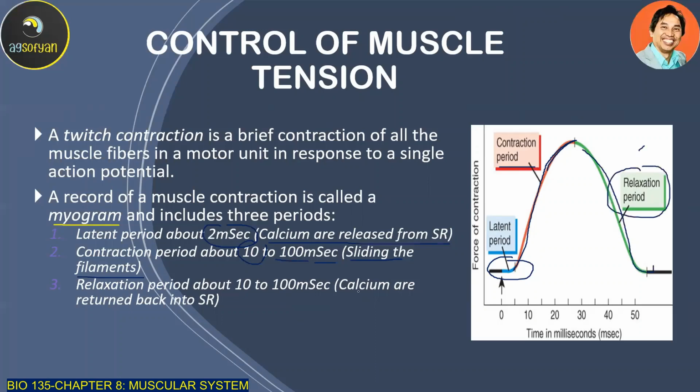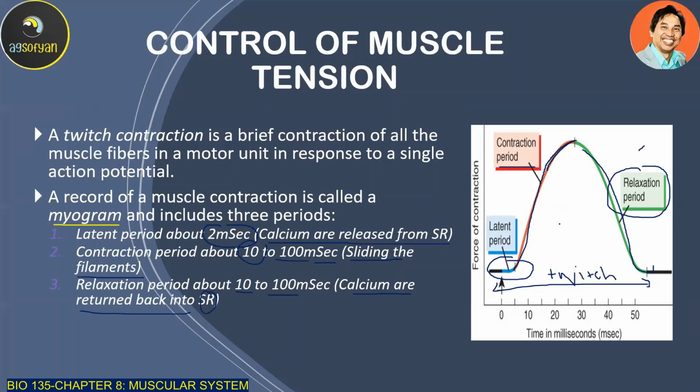This happens when the calcium is returned back to the SR, the sarcoplasmic reticulum, and it takes about 10 to 100 milliseconds to perform this. So this is what contraction looks like in the myogram. This one contraction over here is called a twitch. One twitch of contraction.